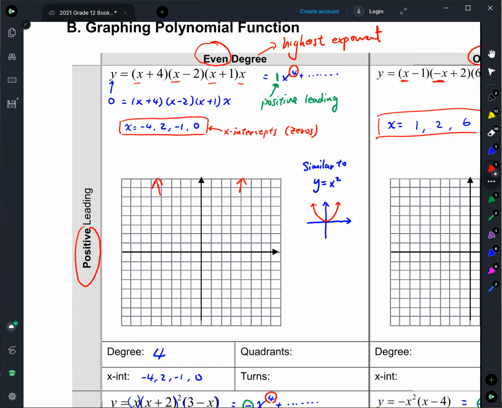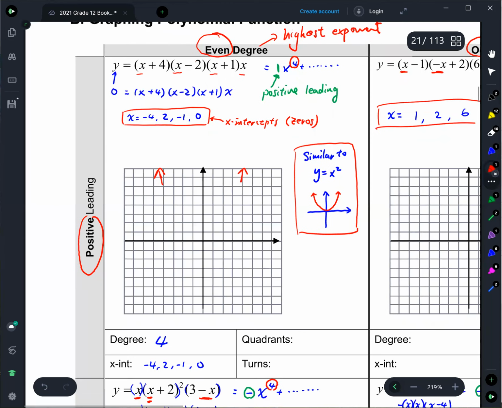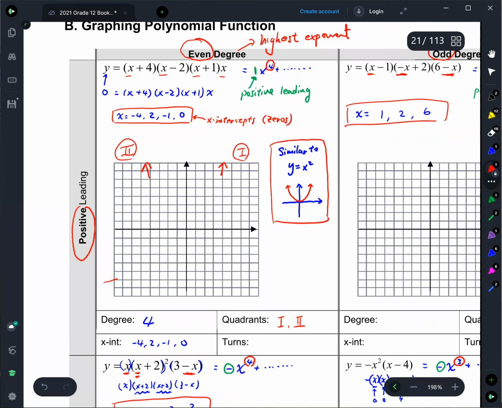That's what it means by similar. It will have the same location for the arrows. So the quadrants, we call it quadrant 1 and 2. It's referring to where the arrows are. This is quadrant 1, quadrant 2, quadrant 3, quadrant 4. It's referring to the arrows.